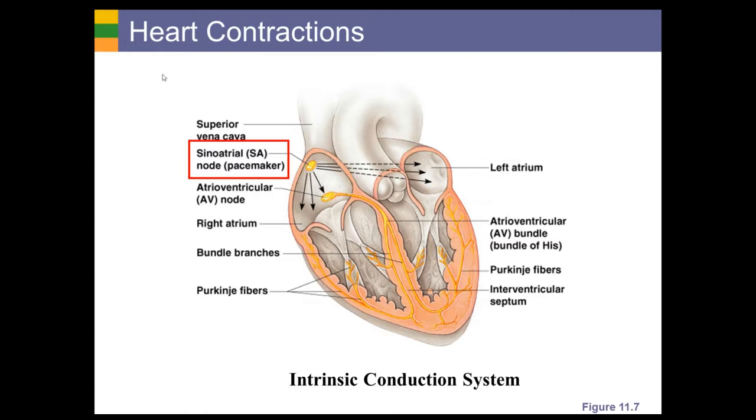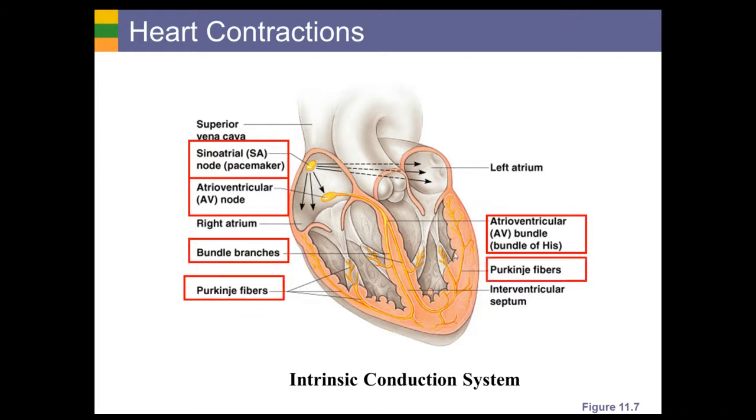So there is a brief pause, and when I say brief pause, we're talking milliseconds here. And then the action potential is conducted to the AV bundle here, down into the bundle branches at the interventricular septum, and then finally to the Purkinje fibers.